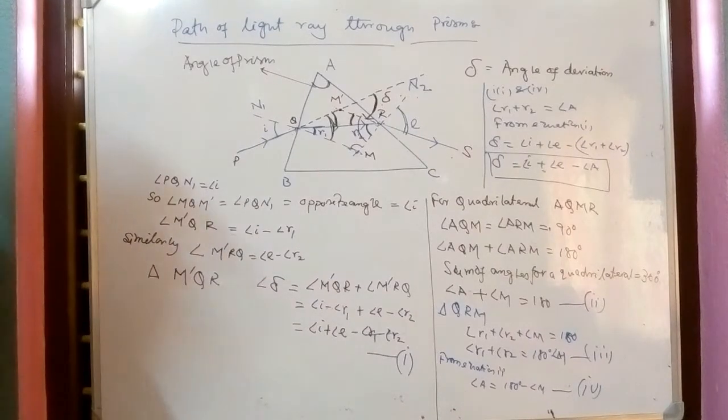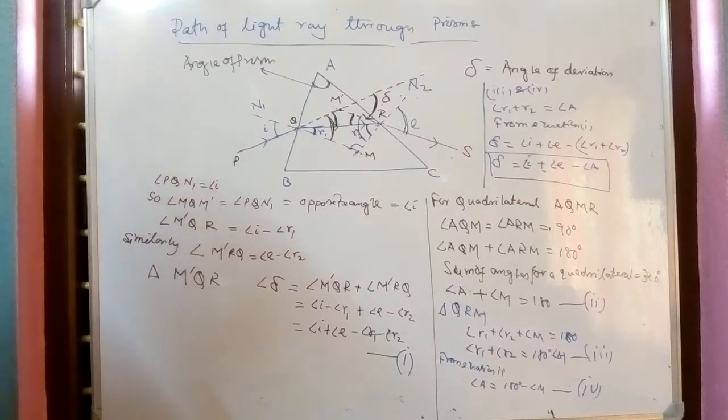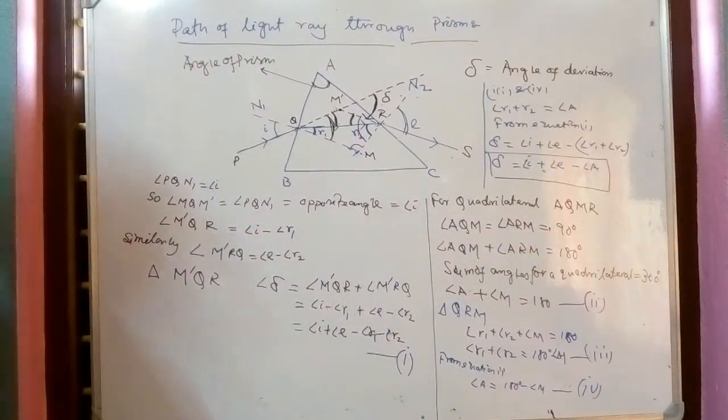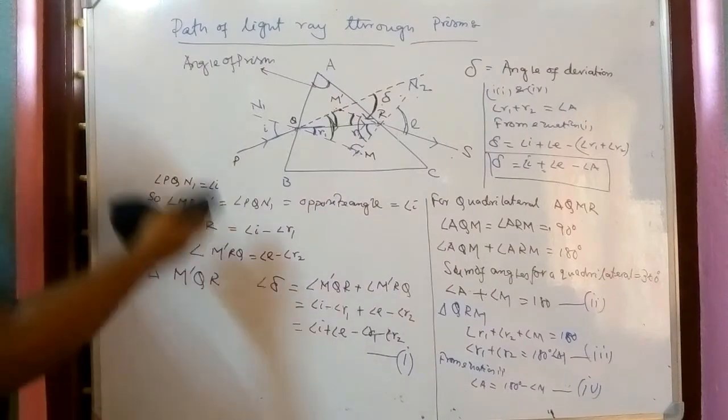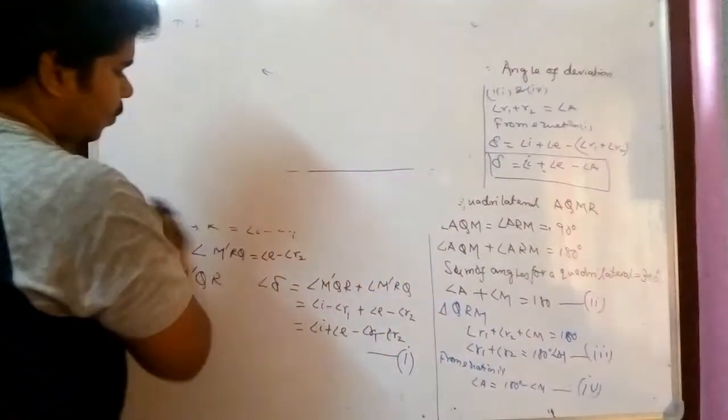Now we'll go to another part, the factors on which the angle of deviation depends. You have to remember this equation because later we will use it. So I'm erasing this.